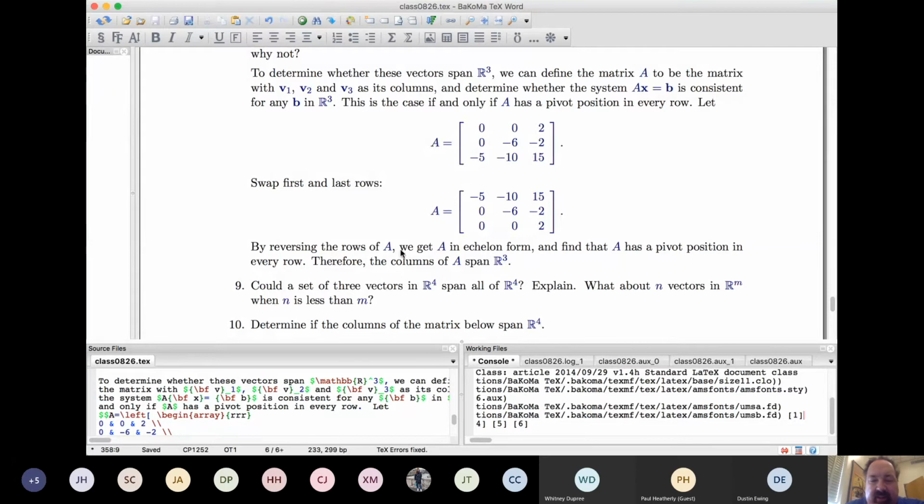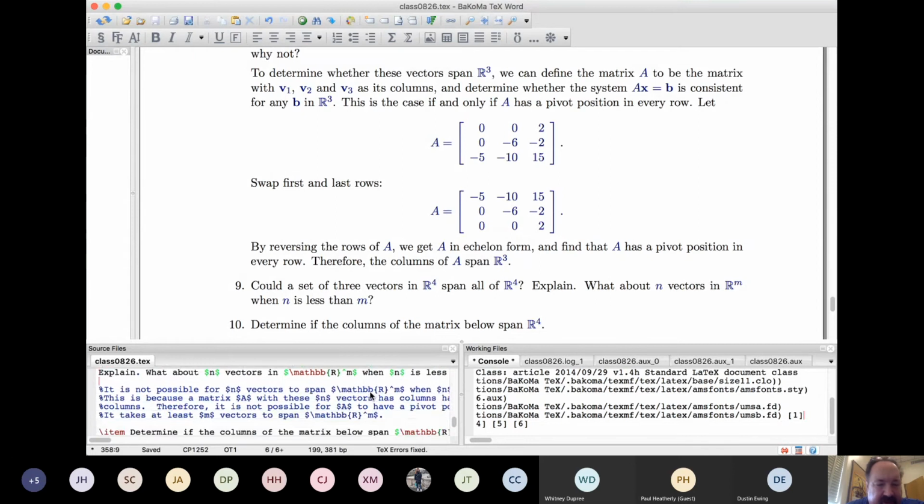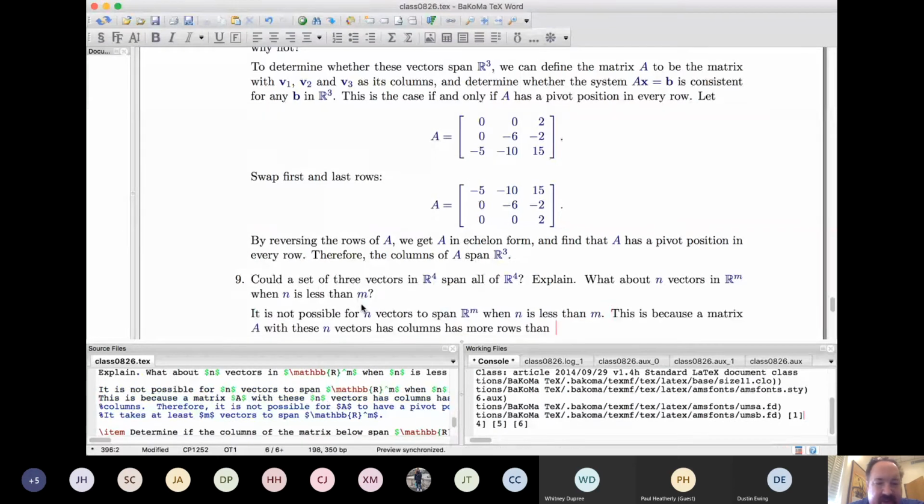But in general, the dimension of R4 is 4. The dimension of Rn is n, for whatever n may be. So if you have fewer vectors than that, spanning is definitely not going to happen.